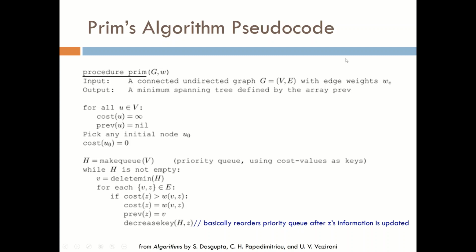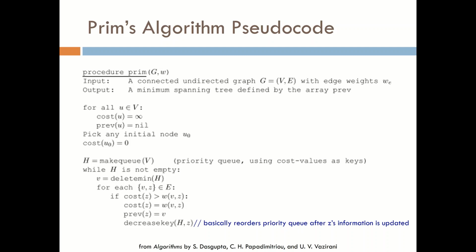And this last statement, which says decrease key, basically means since we've made an update to Z, we have to reorder the priority queue so that the lowest value is at the top.